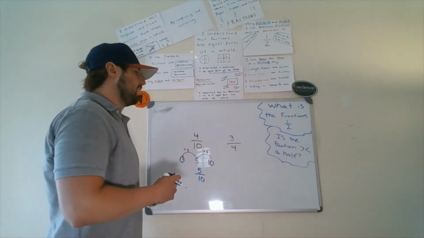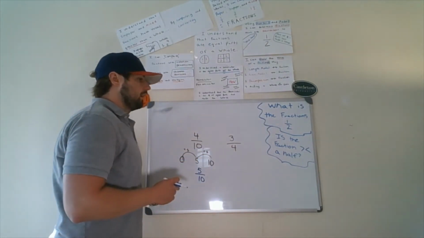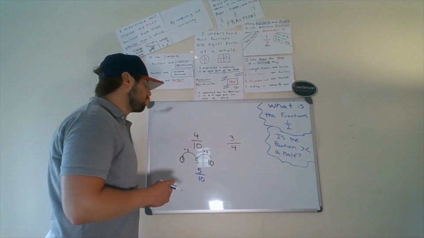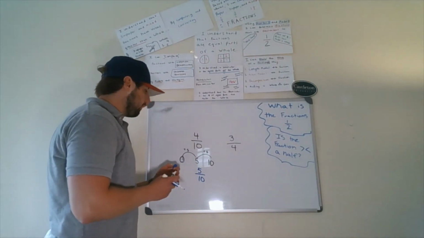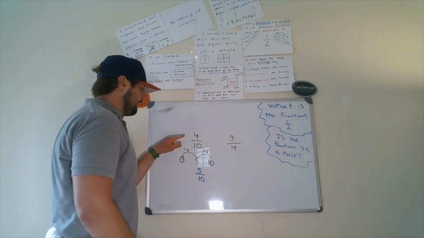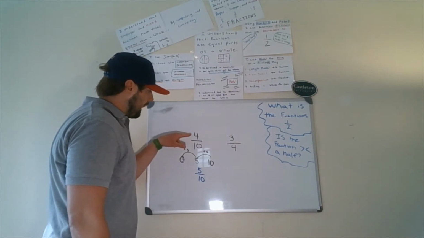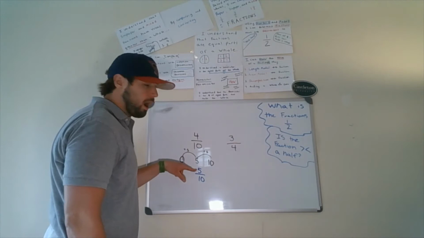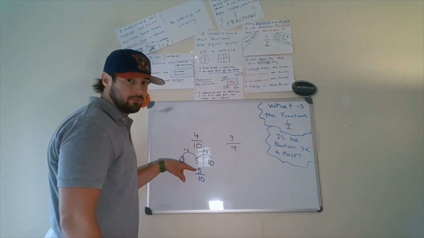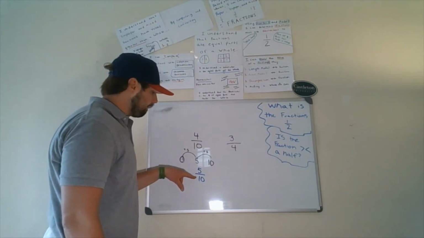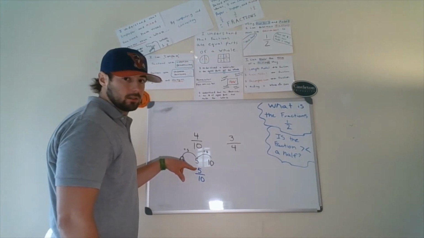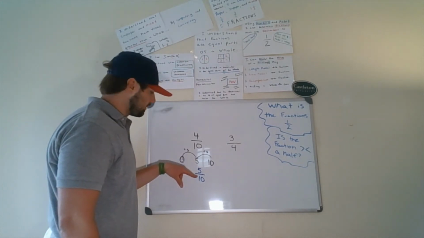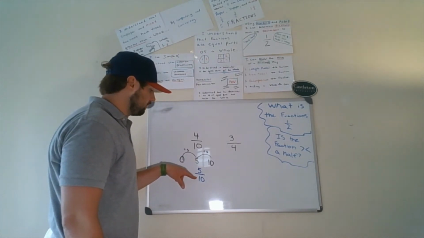Second thing I need to think is the fraction greater than or equal to a half. Well, I know that I have a 4 in my numerator. 4 is 1 less than 5. And a half, there are 5 parts when we're talking about tenths.